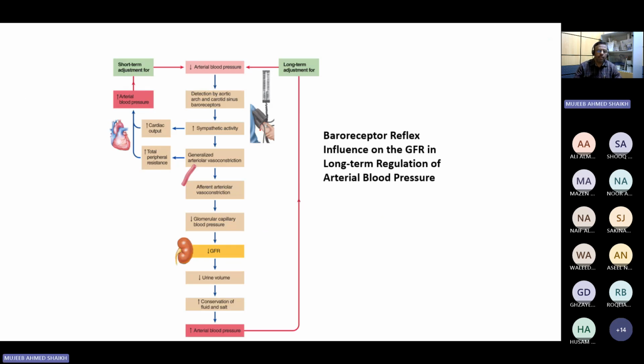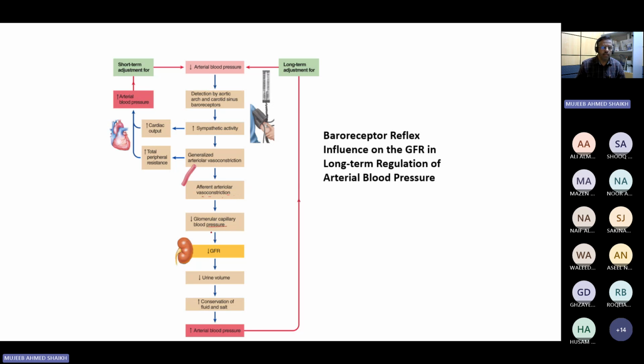This diagram is again coming from the CVS block. Increased arterial pressure will lead to stimulation of sympathetic nervous response. This sympathetic nervous response will be in every part of the body, including the renal mechanism, renal arterioles. So renal arterioles will cause vasoconstriction.